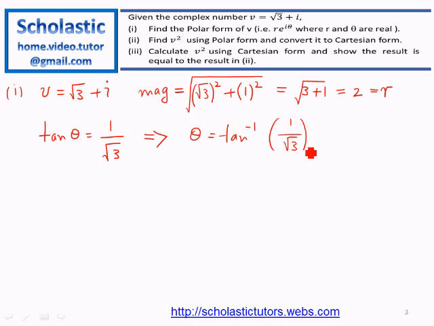From our first principles of trigonometry, we know that tan inverse 1 over root 3 is equal to pi by 6, which is a 30 degree angle. So now we can write v in polar form as r e to the i theta, where r is equal to 2, as we found here, and e to the i pi by 6. That's the answer to the first part.